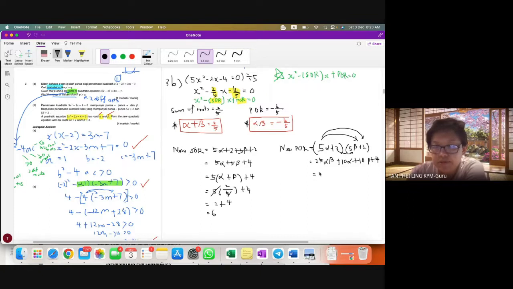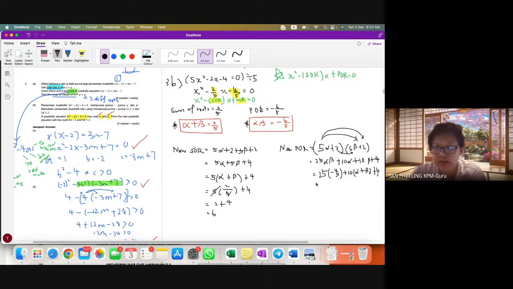So now for the 25 alpha beta, I will substitute in alpha beta is negative 4 over 5. And then here I'm going to plus 10, I factorize out the 10, and I'm going to substitute in alpha plus beta, plus 4.